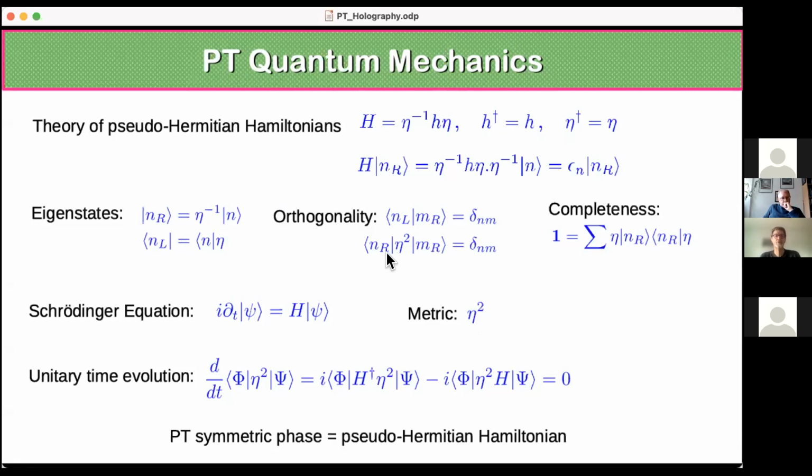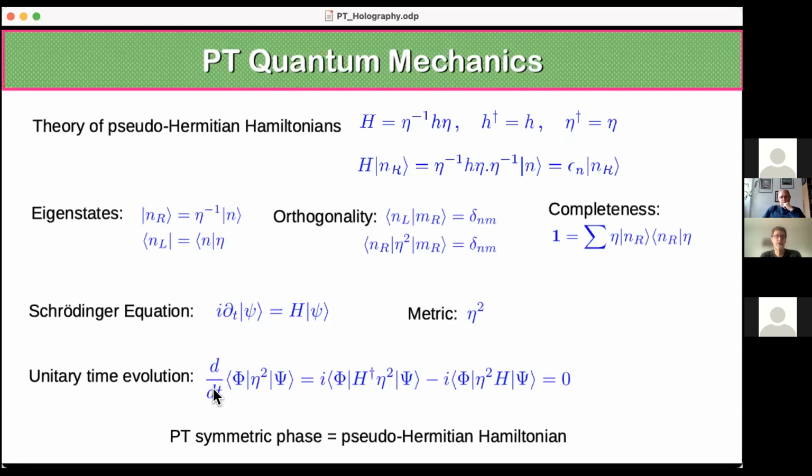But if you define your inner product in Hilbert space with the help of this metric, then you can actually show that the Schrödinger equation based on the non-Hermitian Hamiltonian generates a unitary time evolution.